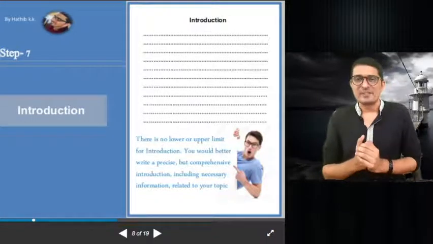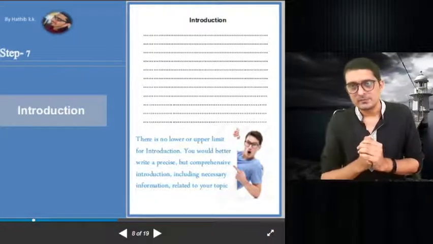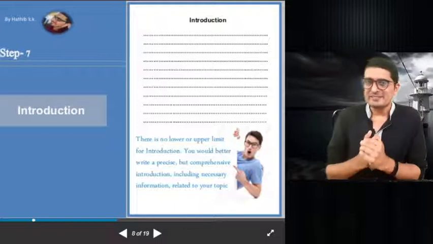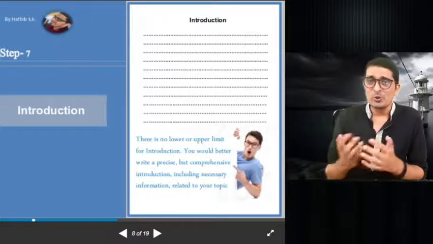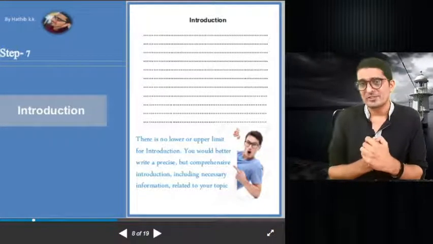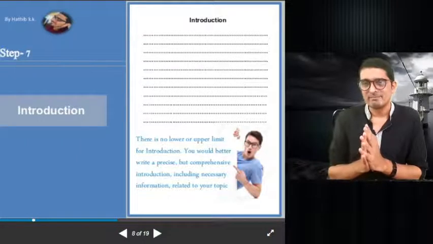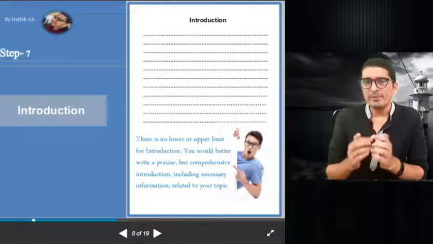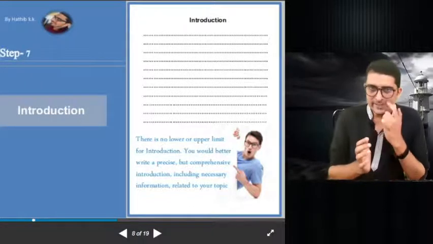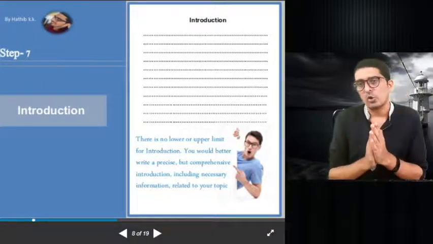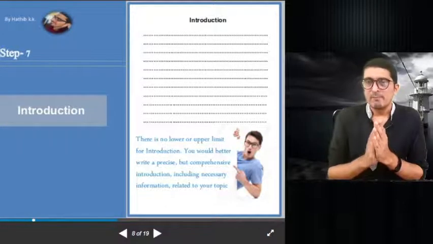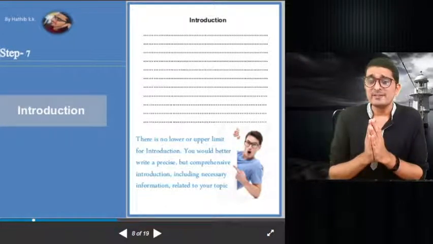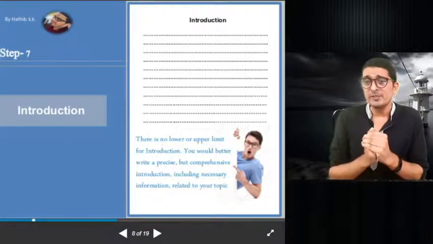Then comes introduction. As I have written there, there is no lower limit or upper limit for introduction. But you would better write a precise but comprehensive introduction, including necessary information related to your topic. Most of the people are writing introductions by just copying from online.